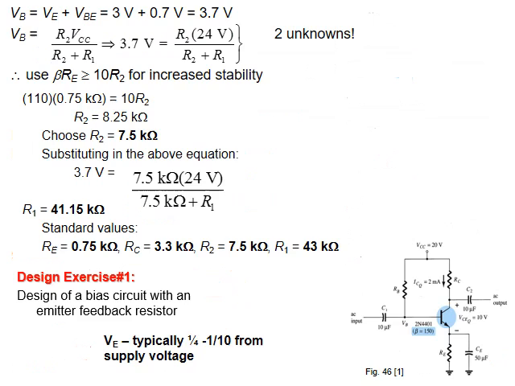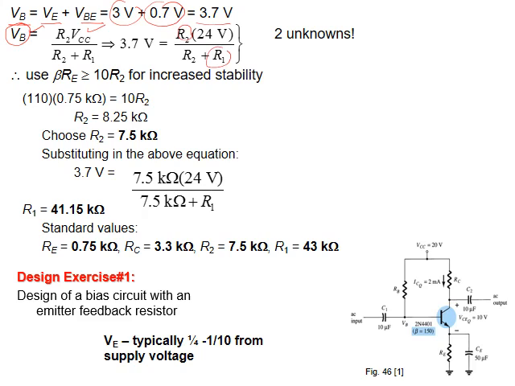Now let's go to the third, R1 and R2. We know that V base equals V emitter plus V base emitter. V base emitter is 0.3 and here is a 3. We got the voltage. Now V base is R2 by the voltage divider rule, VCC over R2 plus R1. We have VCC, we have V base, but in this equation we have two unknowns, R2 and R1.